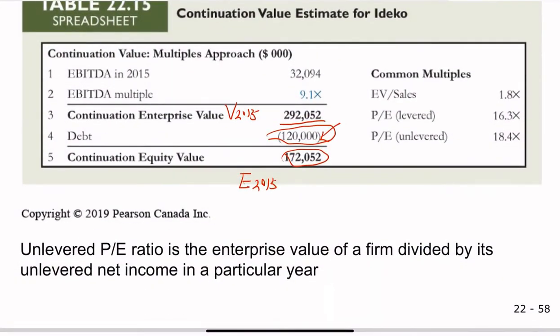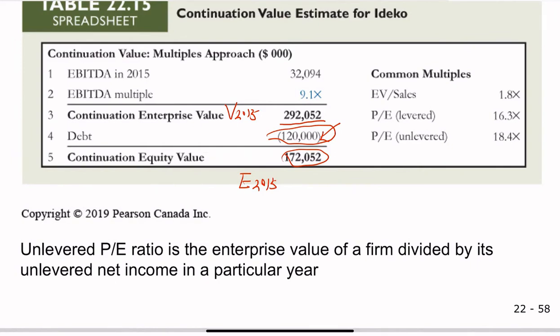Okay, so you can see that very simply, right? By assuming EBITDA in the future and EBITDA multiple in the future, we can estimate the firm's enterprise value in the future. And then by forecasting the level of debt the firm will use in the future, we can calculate the value of equity in the future.